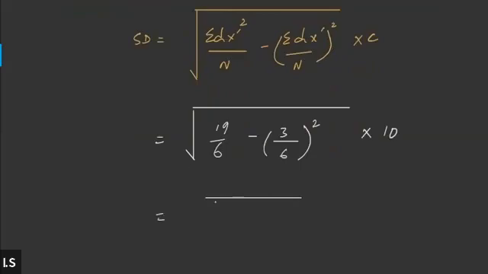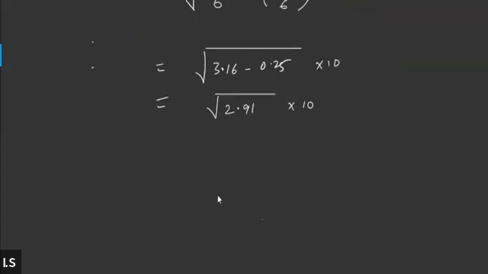Now we will solve this. 19 by 6 is 3.16, and 3 by 6, squared, is 0.25. Subtracting gives 2.91, and the square root is 1.70.